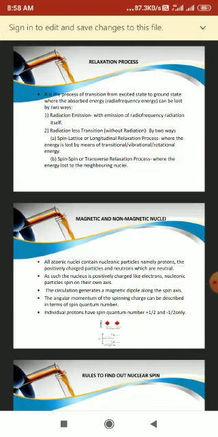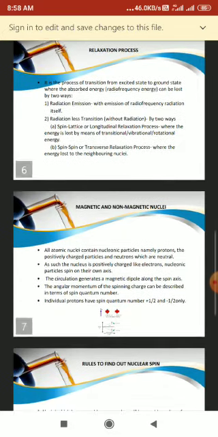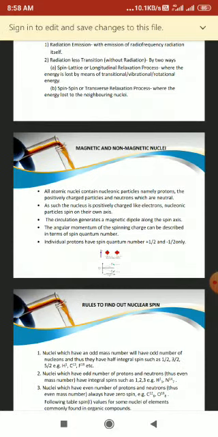The angular momentum of the spinning charge can be described in terms of spin quantum number. Individual protons have spin quantum number plus 1 by 2 and minus 1 by 2. The total of spin quantum number, which is denoted by capital I, is a characteristic of the nucleus and depends on the number of nucleons and on the symmetry of charge distribution.